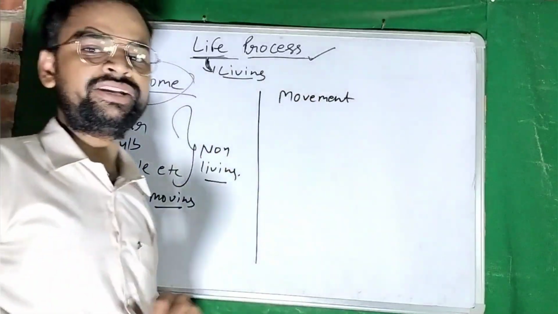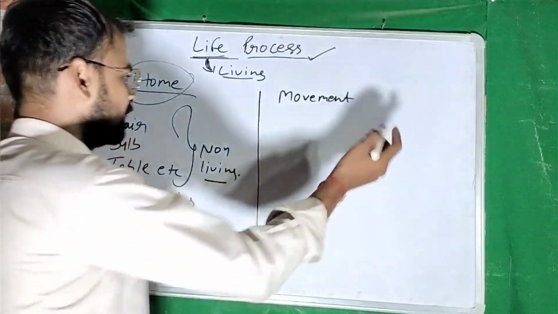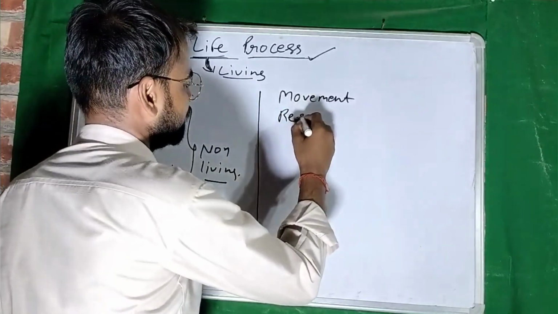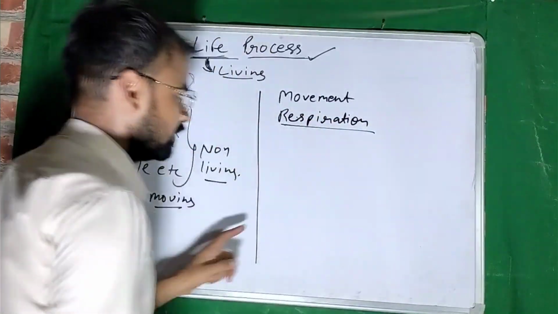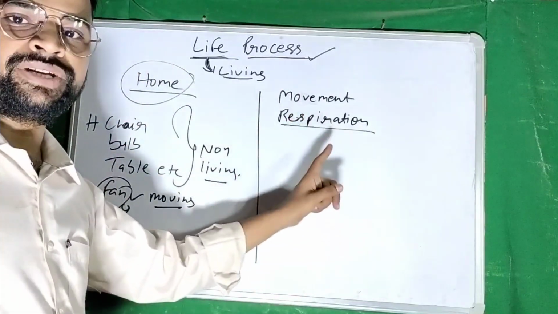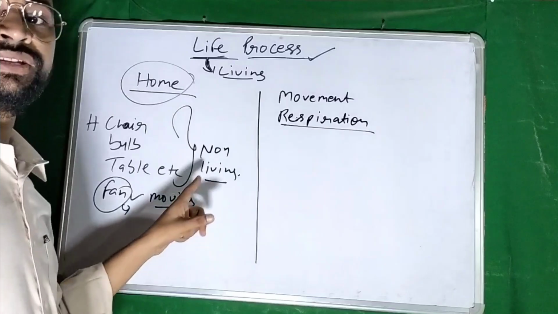So it is not a defining characteristic of living organisms. Next is respiration. Yes, it is a defining characteristic of living organisms, because respiration is not performed by non-living things.